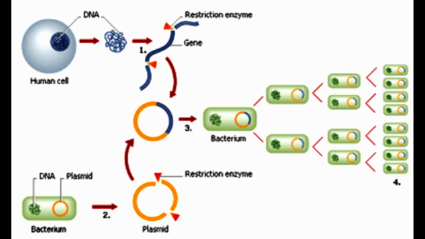Expression of the recombinant DNA. A clone is a large number of identical molecules. Compare the use of plasmids and a virus to clone a gene. Bacterial cells take up the recombinant plasmids, especially if they are treated with calcium chloride to make them more permeable.